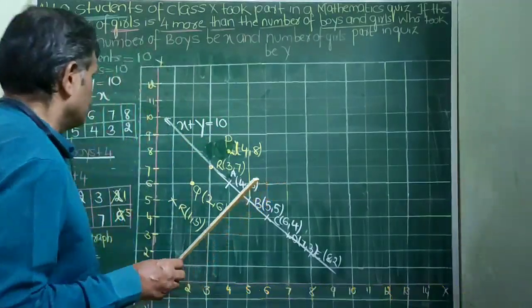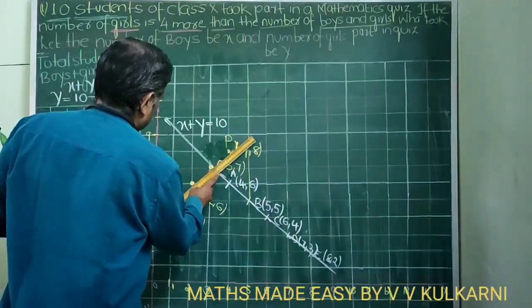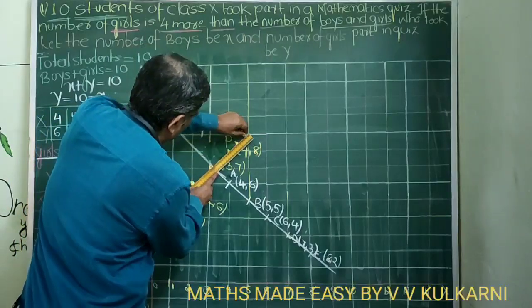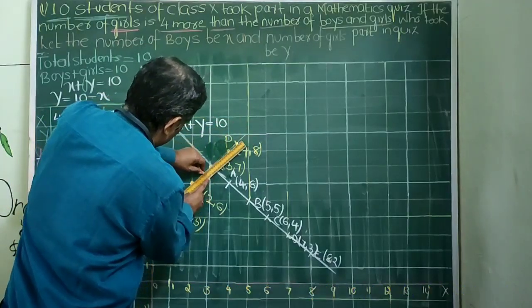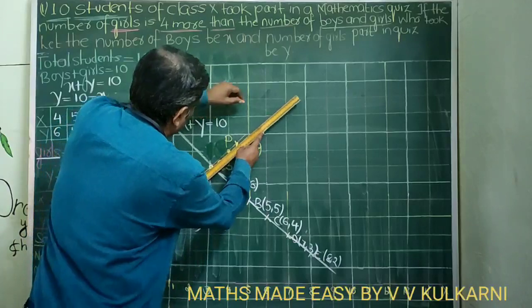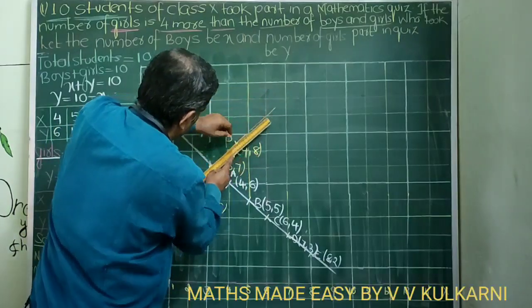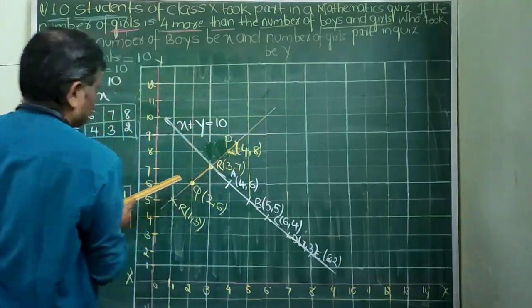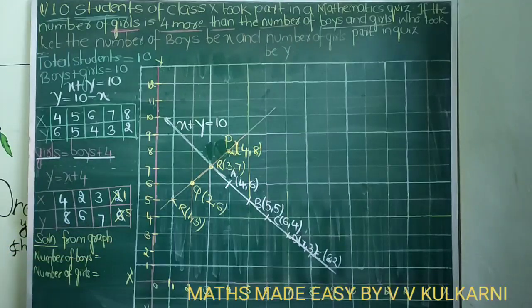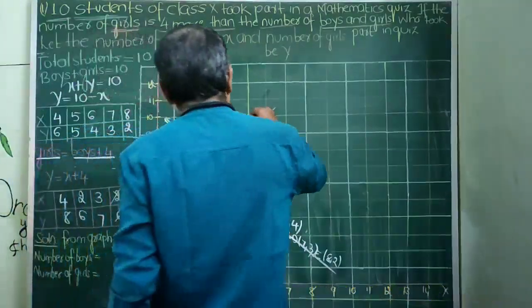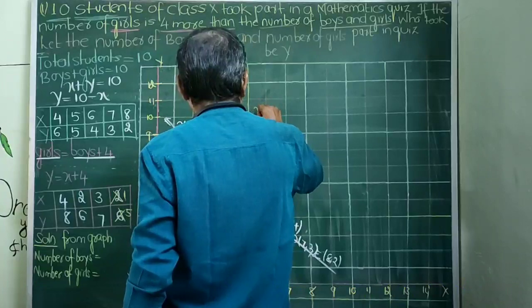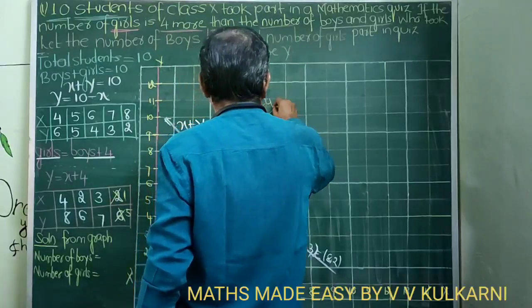Now let us join the line. Suppose if I join this line like this, I will get the equation of y is equal to x plus 4.